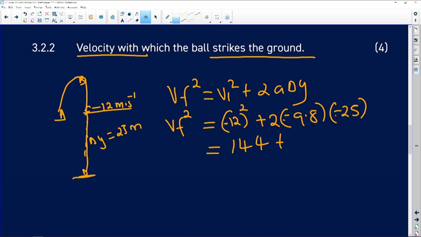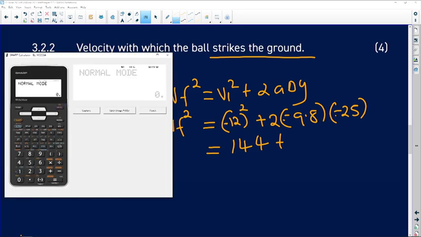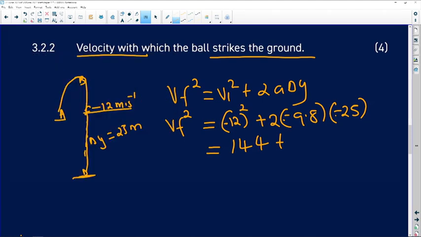So now what am I looking for? 2 times 9,8 will give me 19,6. 19,6 times 25. What am I going to get here? I'm going to get 490, and therefore this is VF squared.